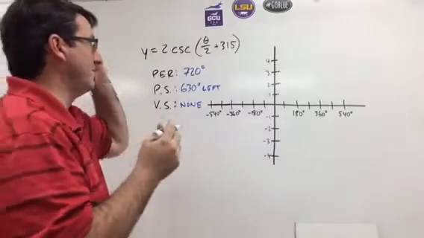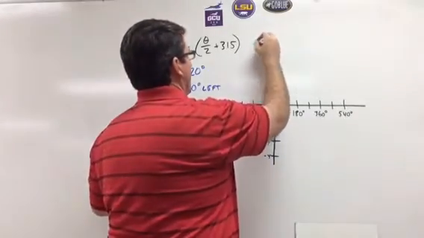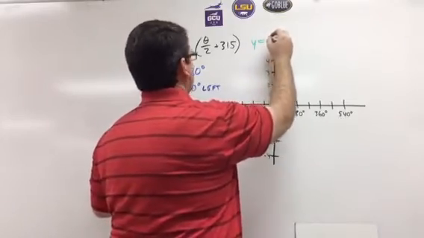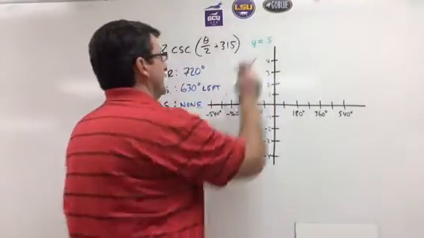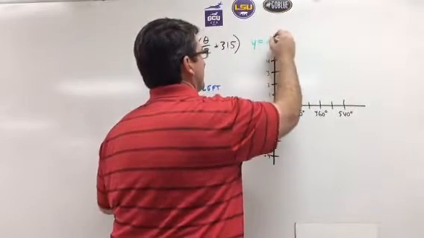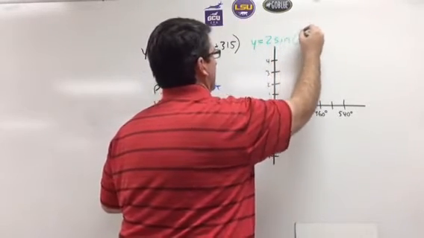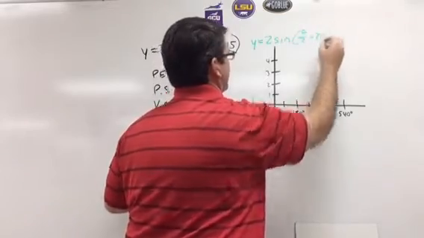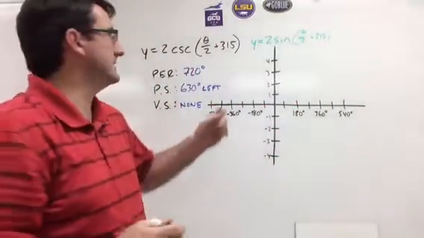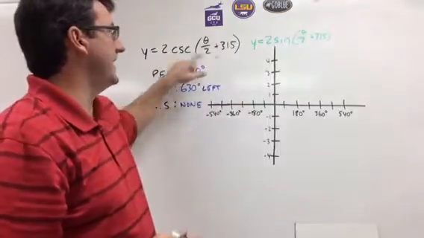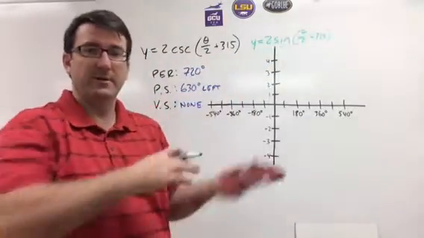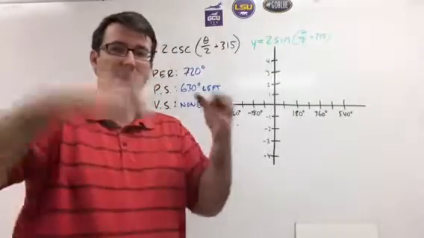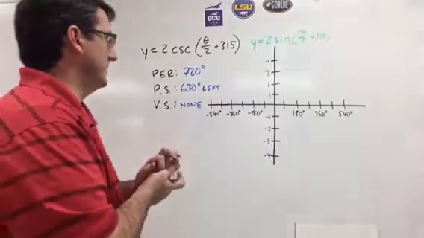So let's graph y equals 2 sine of theta over 2 plus 315. Because the cosecant is the reciprocal of sine. So if we graph the sine function, we'll be able to see where the asymptotes are going to be and where the starting points are going to be.